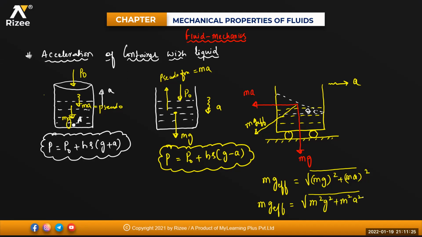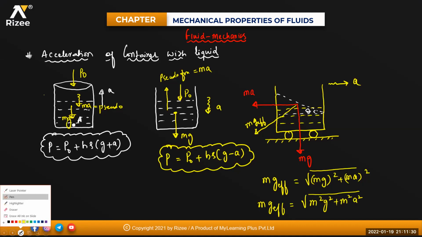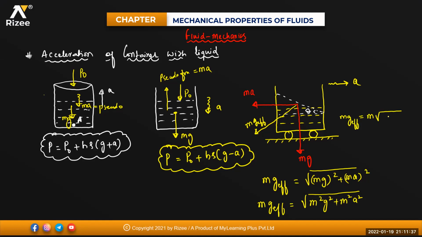If I simplify this further, m into g effective is equal to m times the square root of g square plus a square. m and m get cancelled. So g effective is equal to how much? g effective will be equal to the square root of g square plus a square.